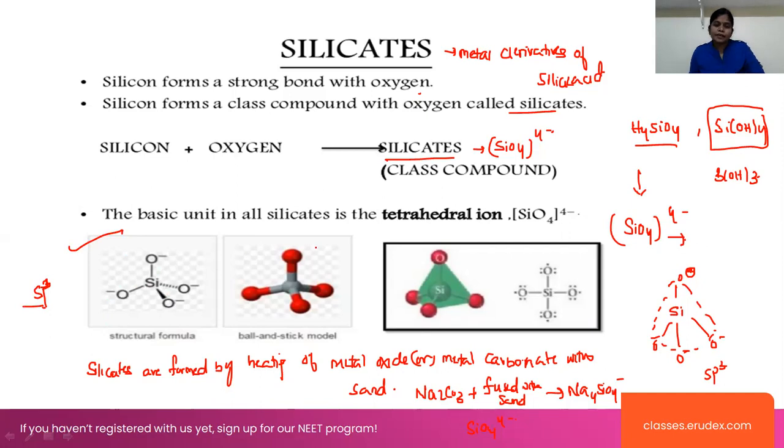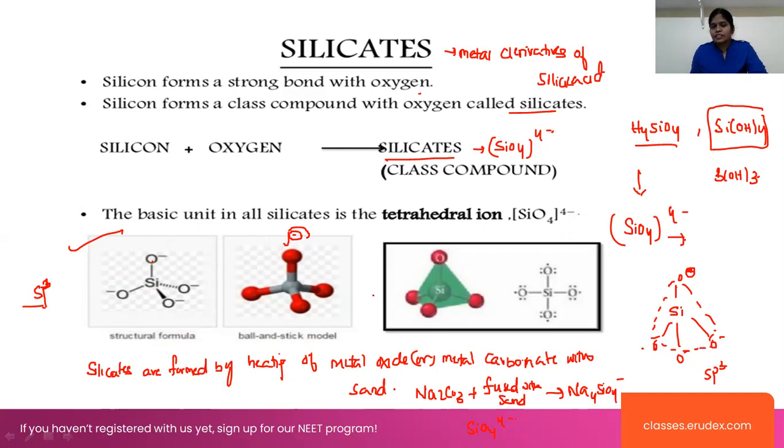Now look at whenever we are examining the basic unit of silicates from the top view. From this direction, we are seeing this oxygen and the silicon is visible, but this oxygen is not visible, and these two oxygens are visible.